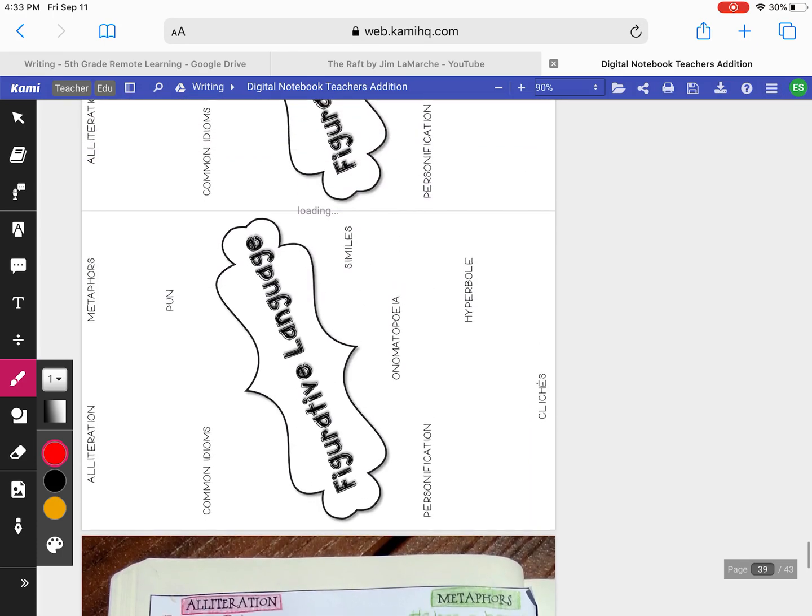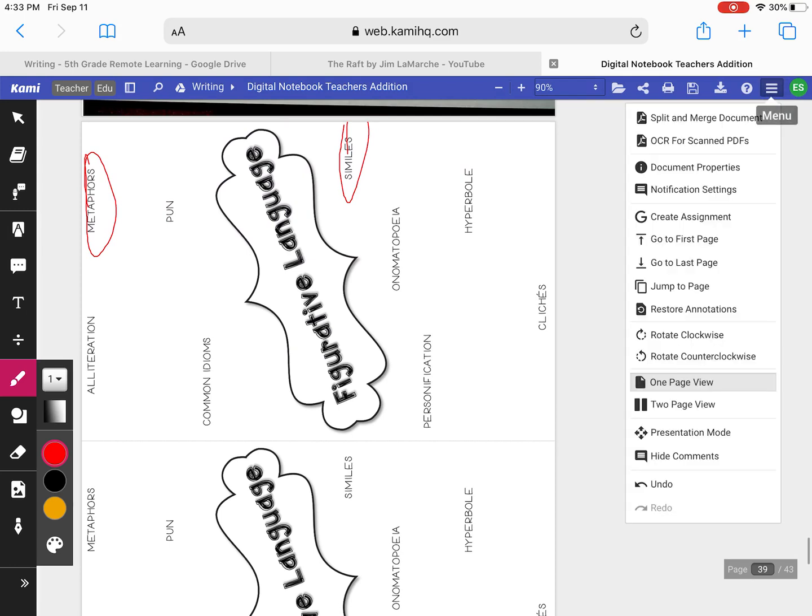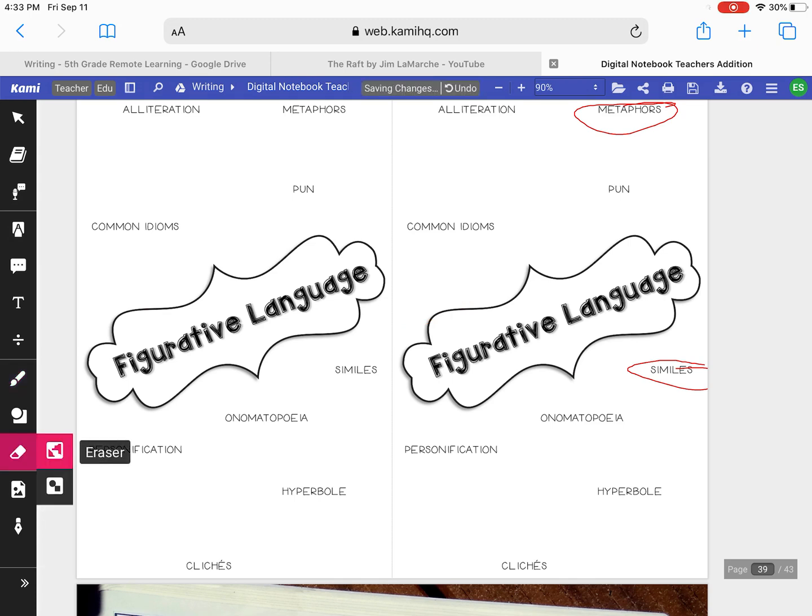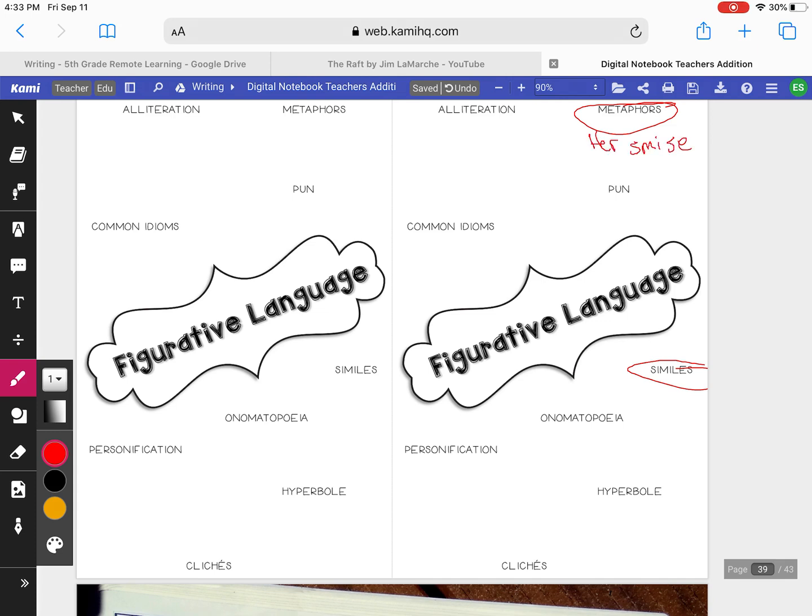So another example, and I want you to write it in your digital notebook, is her smile is the sun.